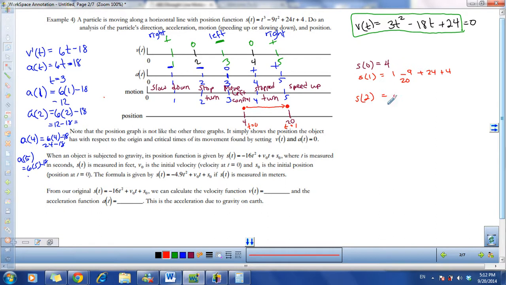So at s of 2, we get 24. I'm going to put 24 right here. This is t equals 2.